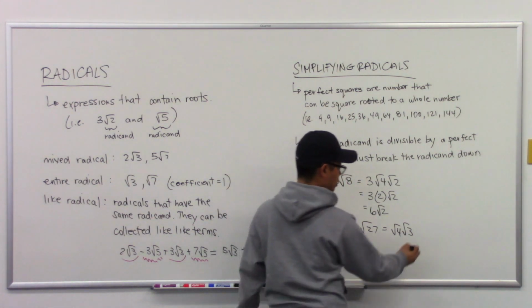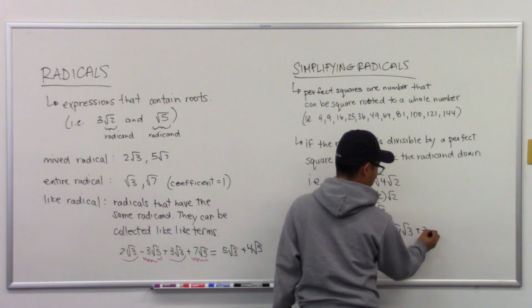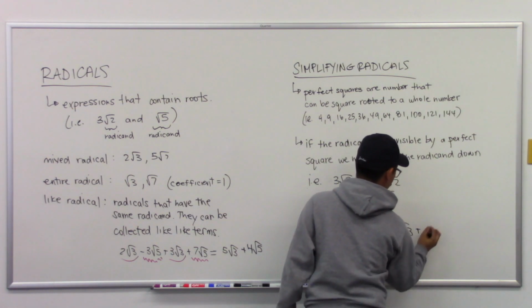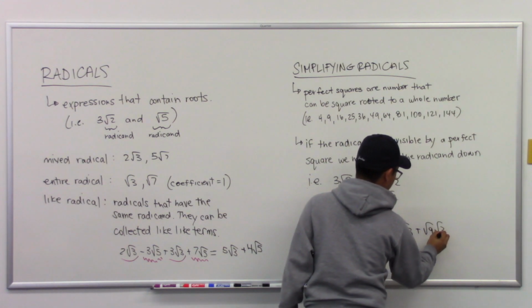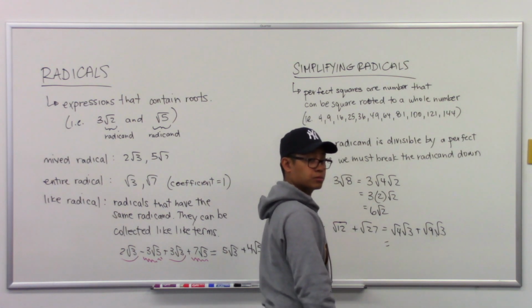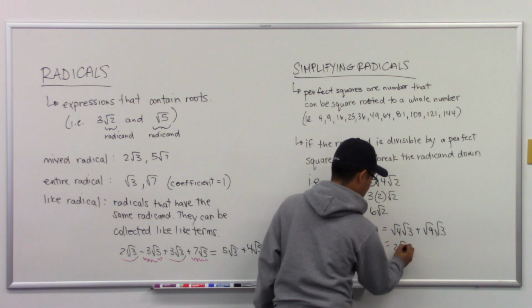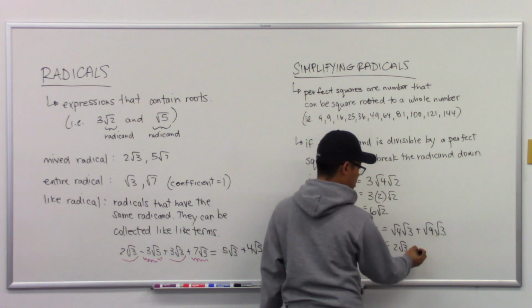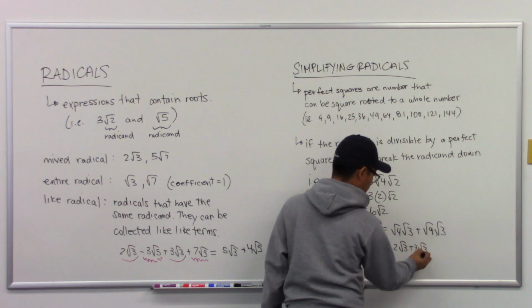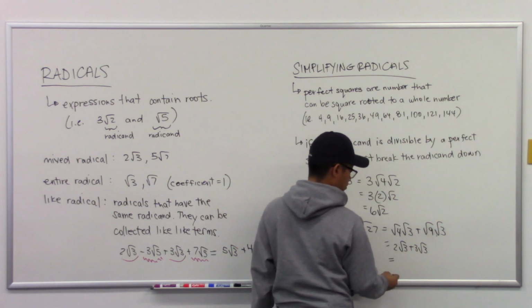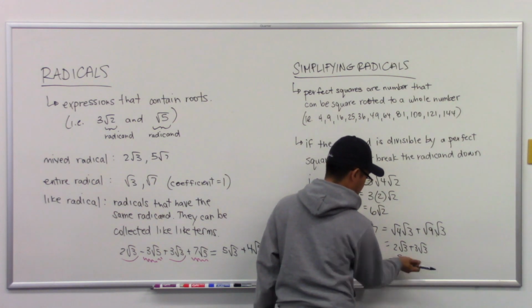This 27 can be written as root 9 root 3. So root 4 is, and root 9 is, final answer is, good.